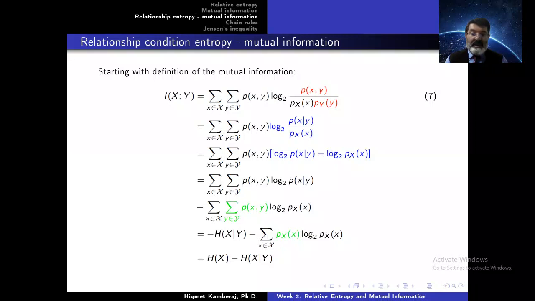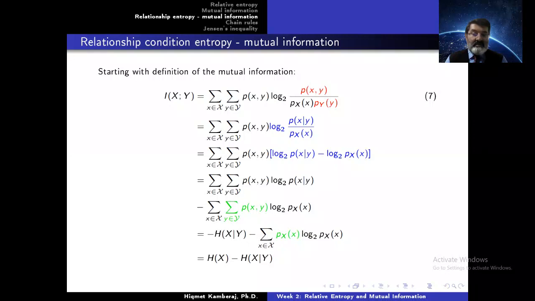Now, from this line, if you see the term in green, the sum over all y's of the joint probability mass function P(x,y), based on last week's lecture, gives me the marginal probability mass function with respect to x.